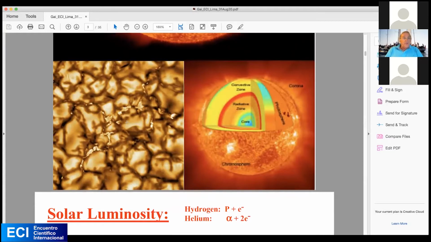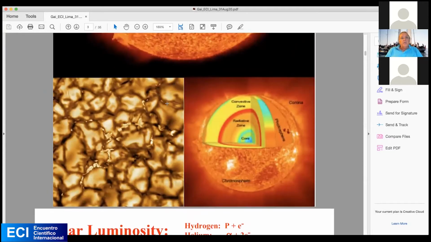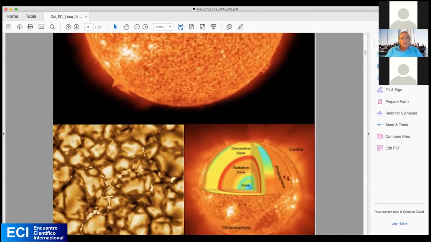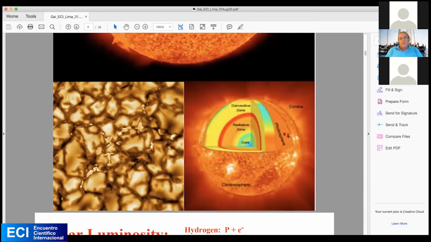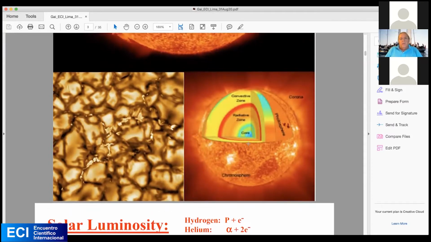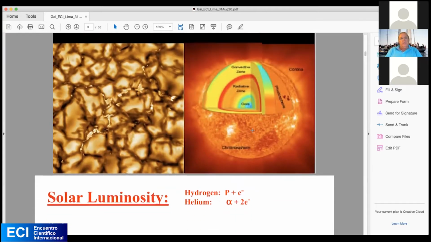We even have pictures, for example, this small section over here, which we observe today. Of course, the model that we have of the sun goes all the way to the core, to about 5% of the radius of the sun. And as we will see, the model seems to be working very nicely.